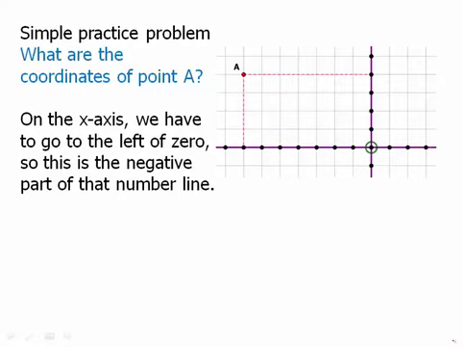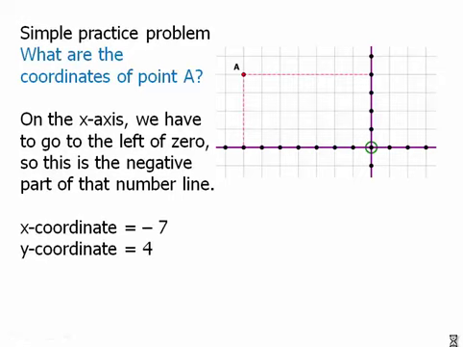So this is going to have a negative x-coordinate. So we count backwards, 1, 2, 3, 4, 5, 6, 7. And then we count up 1, 2, 3, 4. So that means that the x-coordinate is negative 7, the y-coordinate is positive 4, and the coordinates of that point are (-7, 4). That is the unique ordered pair which gives the exact location of that point.